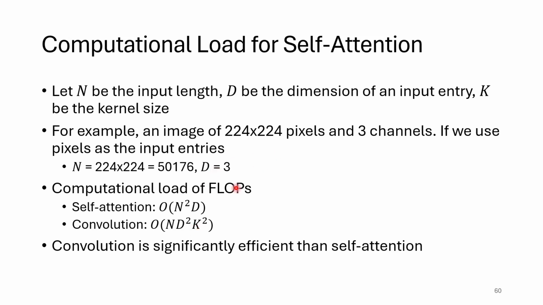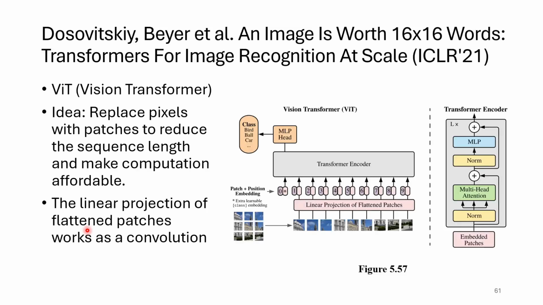So if k is not very large, say 5 by 5 or 3 by 3, then as you can see, the convolutional network will be much more efficient than the self-attention network. So that's the reason why the vision transformer is very important, because it solves the computational load problem.